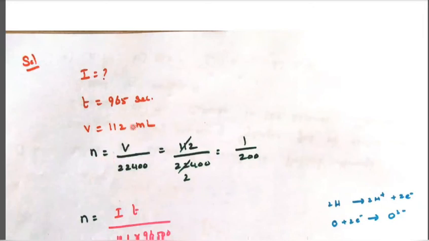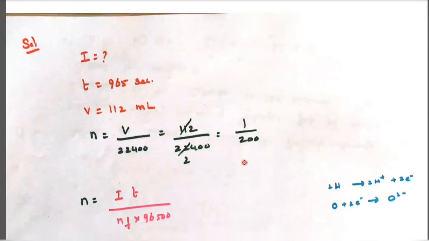So number of moles is equal to V by 22,400 milliliter. So V is 112 divided by 22,400, so 1 by 200 is the number of moles.